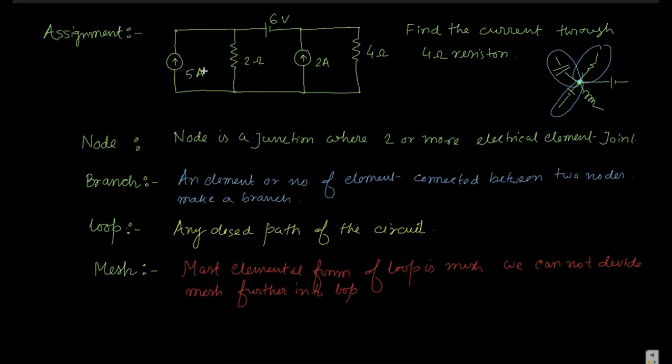So we should learn the mesh analysis and the loop analysis. In the next video we will start Kirchhoff's law, and for KCL and KVL you should prepare what is the loop and mesh. You have to know very well what is the node, what is the branch. Then we can apply Kirchhoff's law.